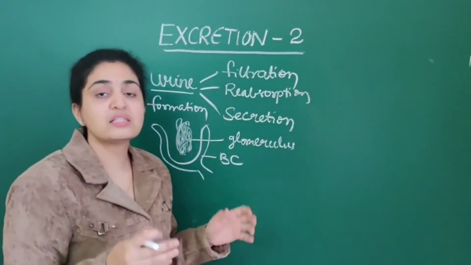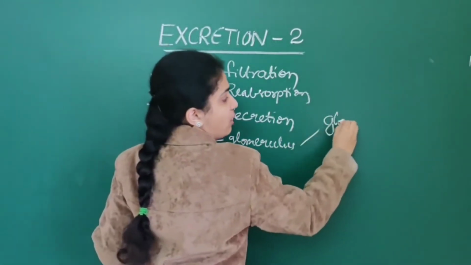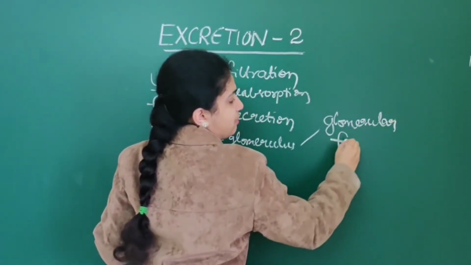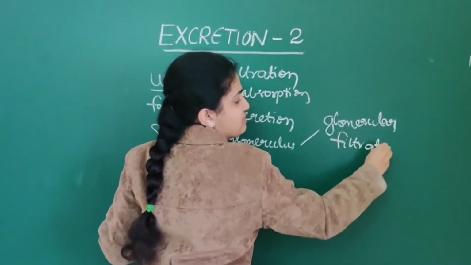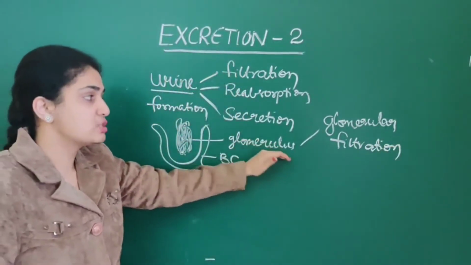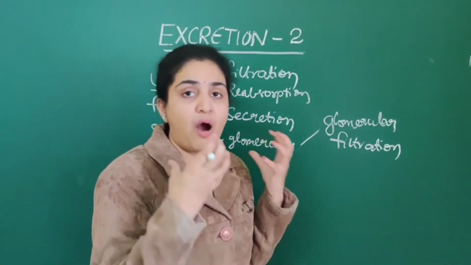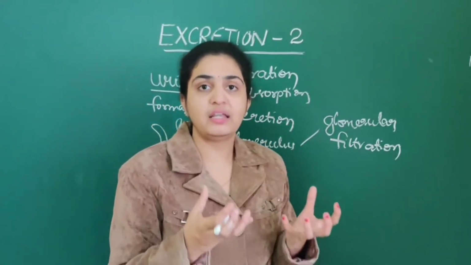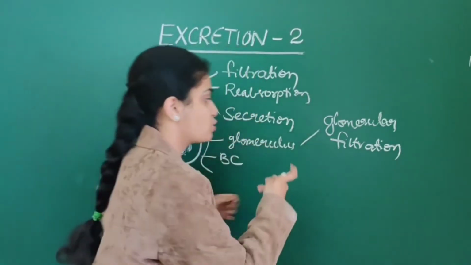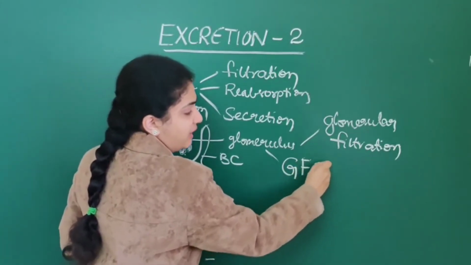So it is called glomerular filtration, because the filtration takes place mainly in the glomerulus. And how much filtrate is formed per minute by the kidneys is called glomerular filtration rate.